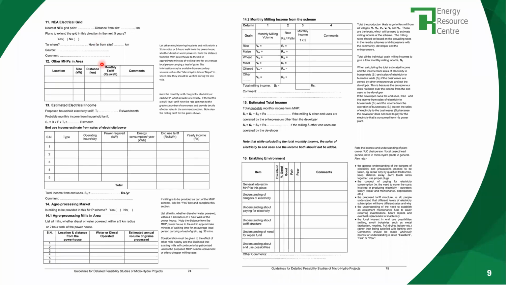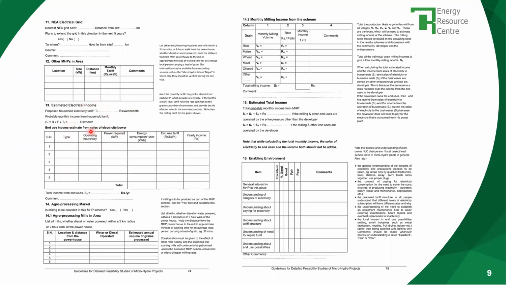The reason for this is when you have a number of micro hydro, mini hydro projects, you could learn from each other, or they could be combined. And maybe you could develop a mini grid of multiple projects so that the supply and the reliability can be improved, and it can also be cost effective.